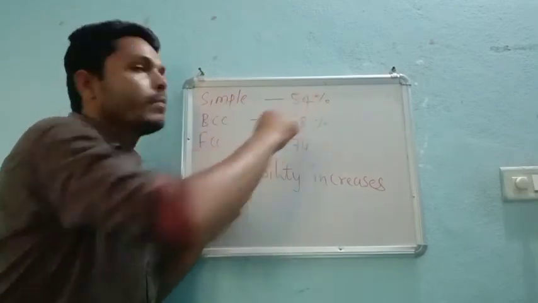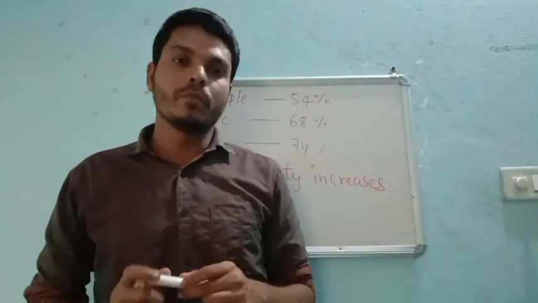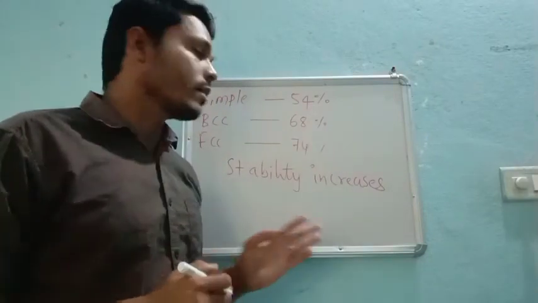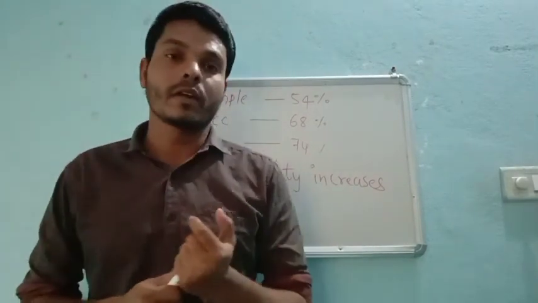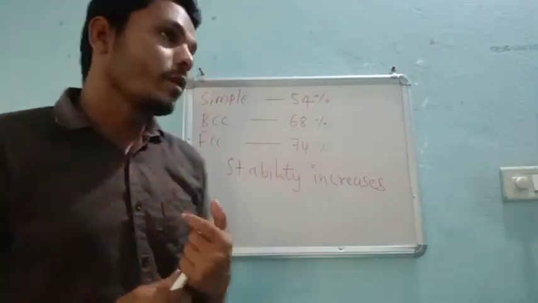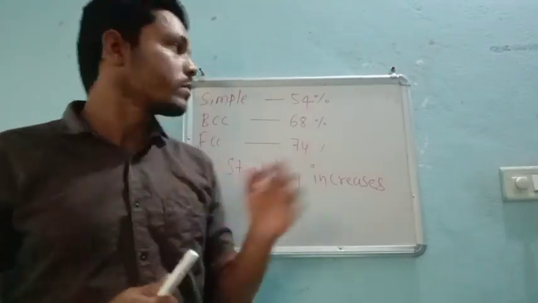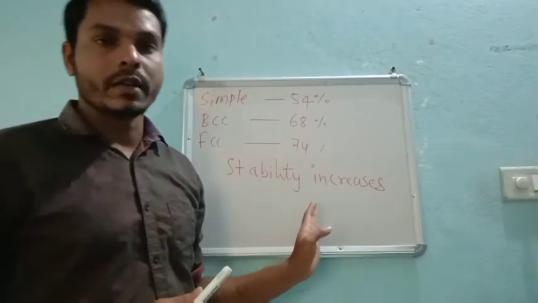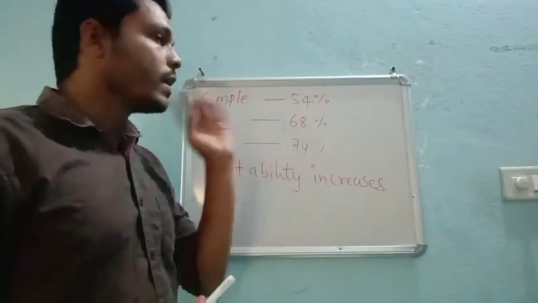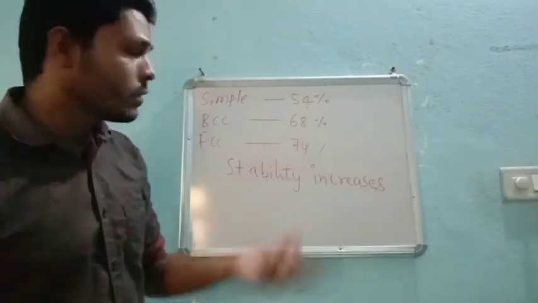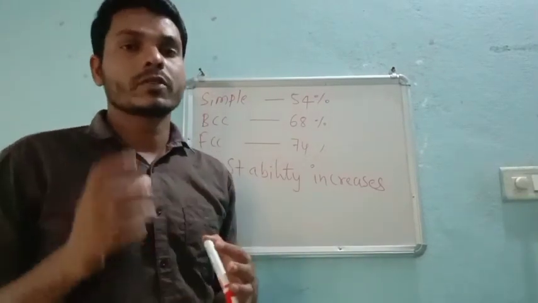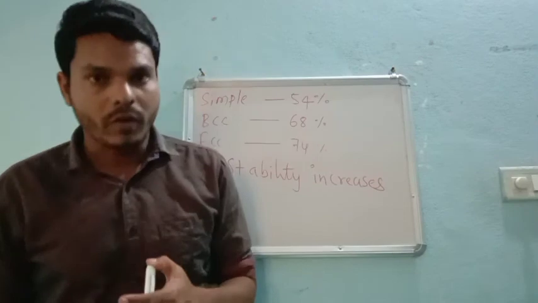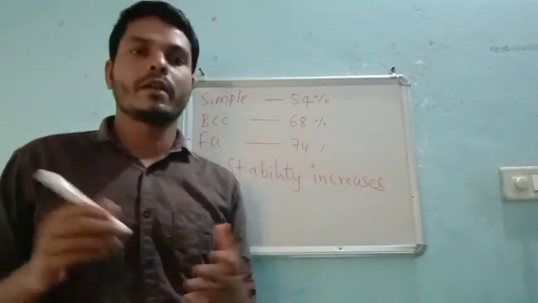If it is simple, we can very easily remove it, right? Now you can clearly observe that some of the solids very easily undergo breaking, but some of the solids will not. Why? Because of this reason, right? So wherever there is more packing in a unit cell, then definitely that solid will be very strong. So these things you can keep in your mind.